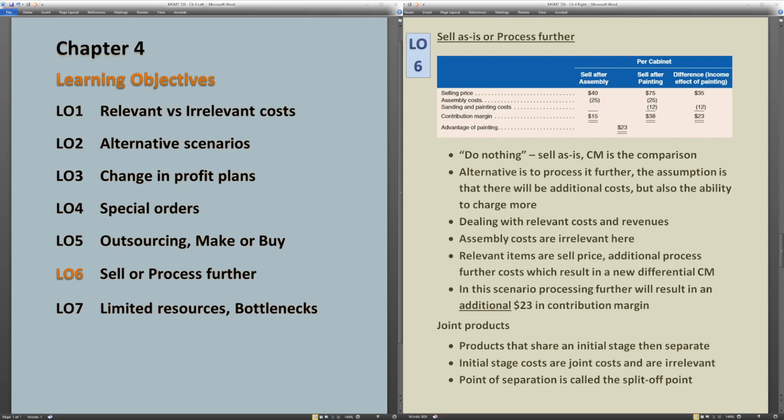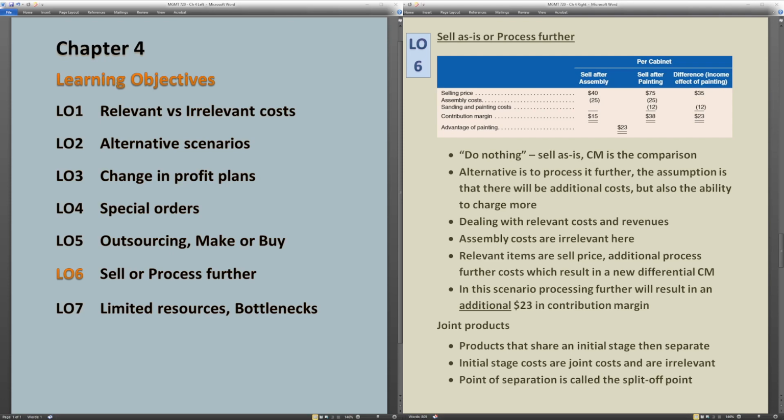So it's typically not the accountants who project what a potential sell price could be from upgrading an item. That's typically where marketing steps in and tells us that a similar item like this that is painted can be sold for in a neighborhood of $75.